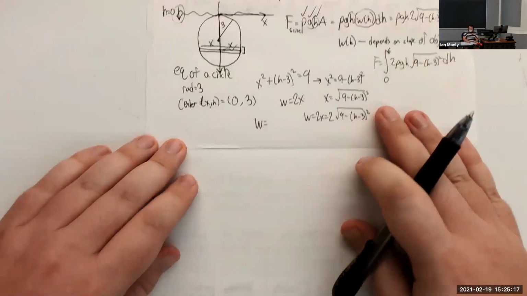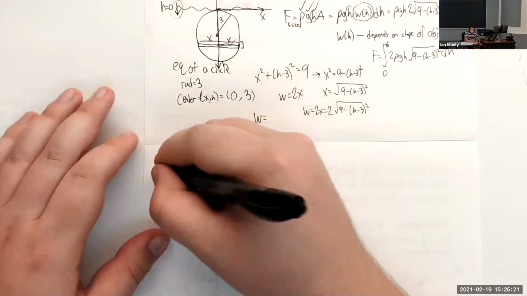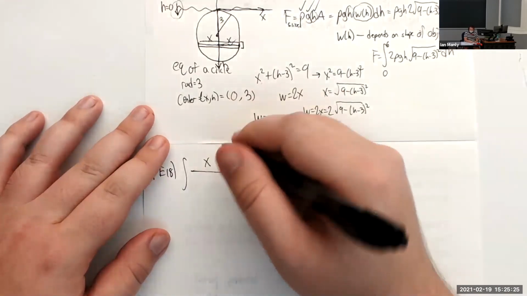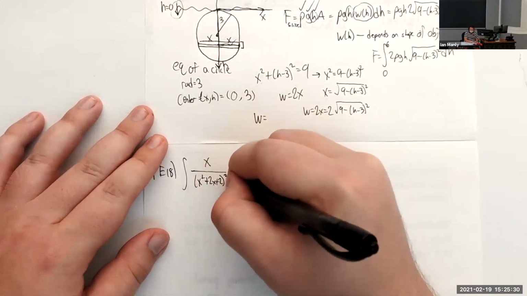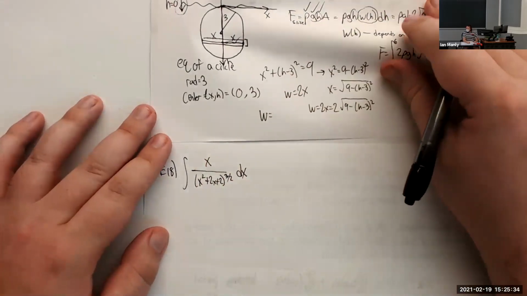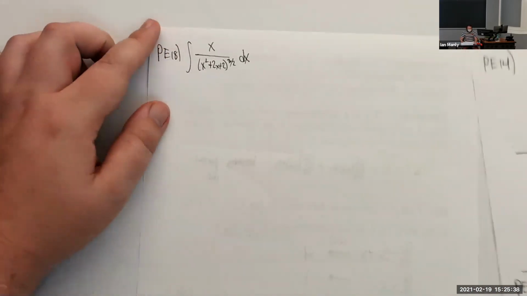So let's see here. We have the integral of x divided by x squared plus 2x plus 2 to the 3/2 dx right here. All right, so let's go ahead and try this one.